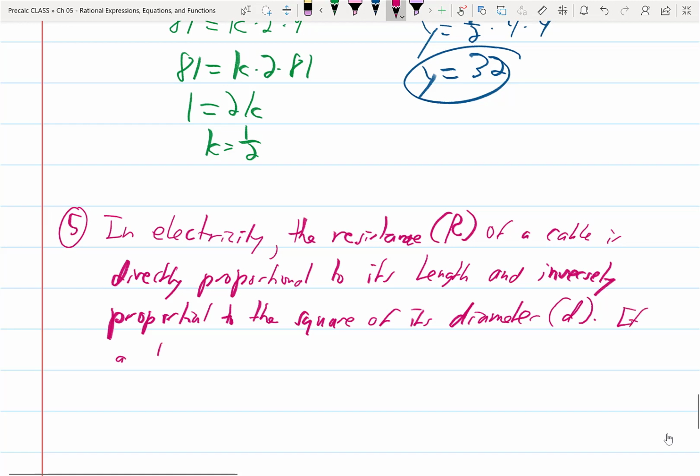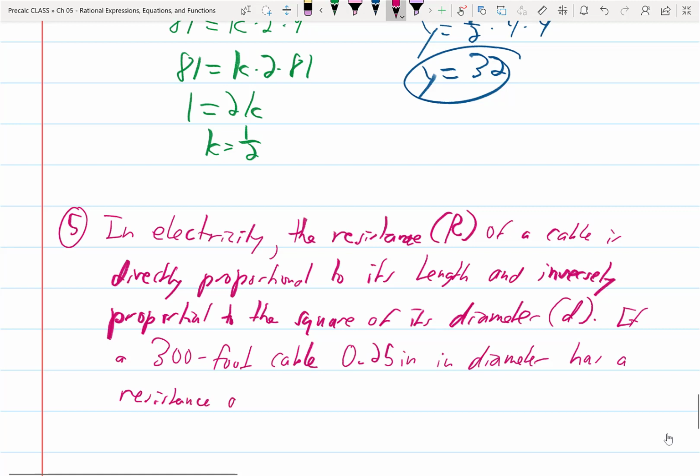If a 300-foot cable that is 0.25 inches in diameter has a resistance of 0.2 ohms. What is resistance of a cable?